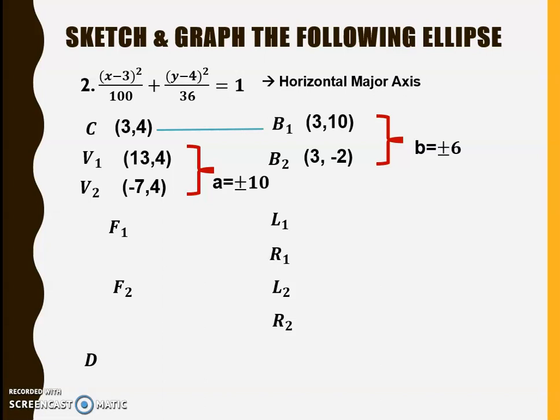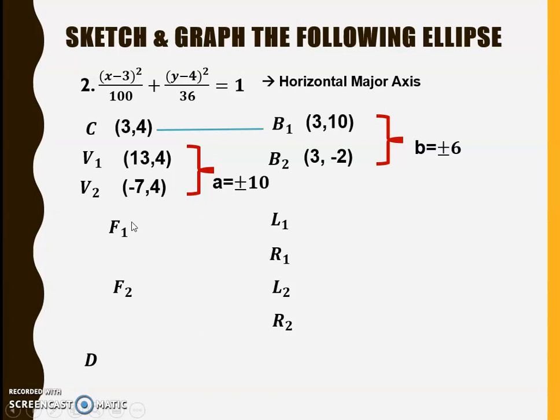So let's continue with the coordinate points of the ellipse. Since we're already done with a equal to 10 and b equal to 6, we're going to solve for the foci. If you already have a squared equal to 100 and b squared equal to 36, then we're going to look for c.